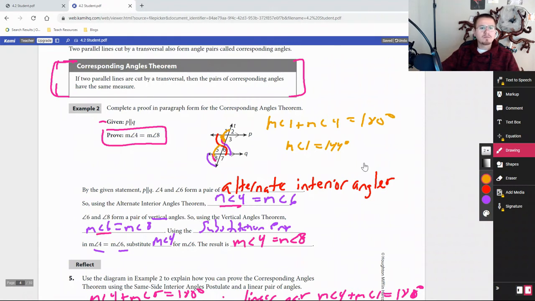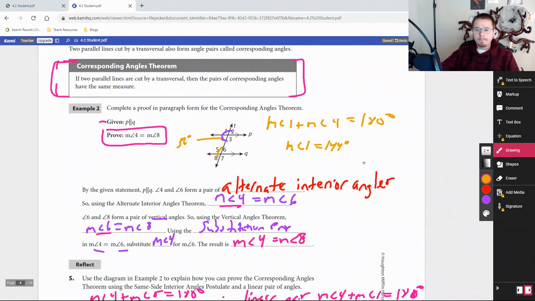Now, I need to erase some of this because this is messy. Let's clean this up just a bit, and that's why you're going to want to sketch new diagrams every time. So 1 and 4 make 180 degrees, right? That's a linear pair. We're looking for measure 5. We know that measure 4 is 36 degrees.